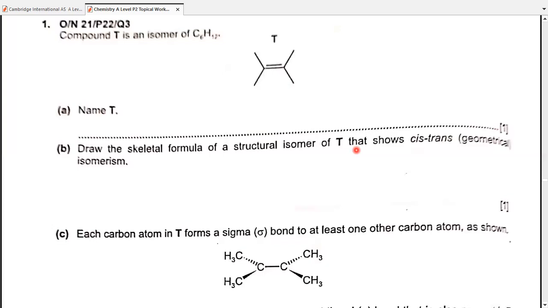Come on, this should be easy. An isomer that has cis-trans isomerism. You can find out any structural isomer, and since this has 6 carbon atoms, there can be many, but you need to pick one out which can show you cis-trans isomerism. And almost any alkene can do that.